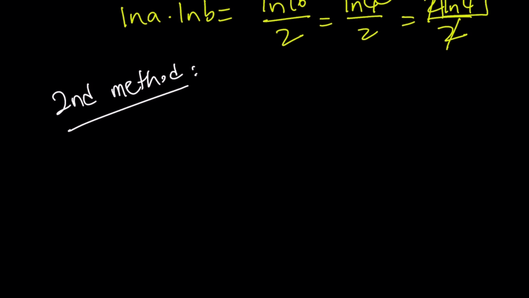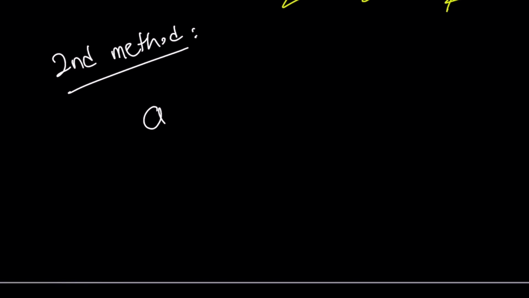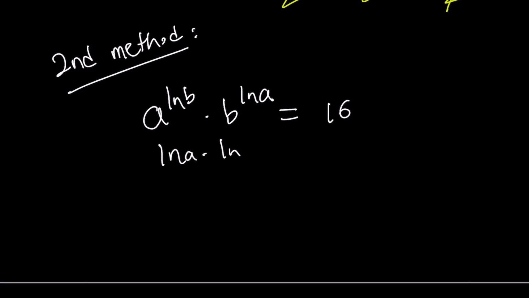For our second method, I'm going to rewrite the original problem. a to the ln b times b to the ln a is equal to 16, and we're supposed to evaluate ln a times ln b. For my second method, I'm going to use substitution.